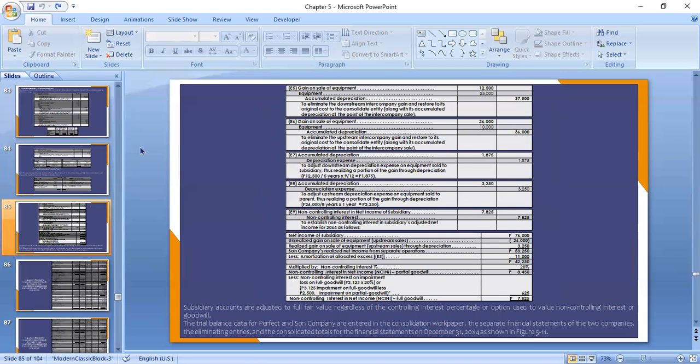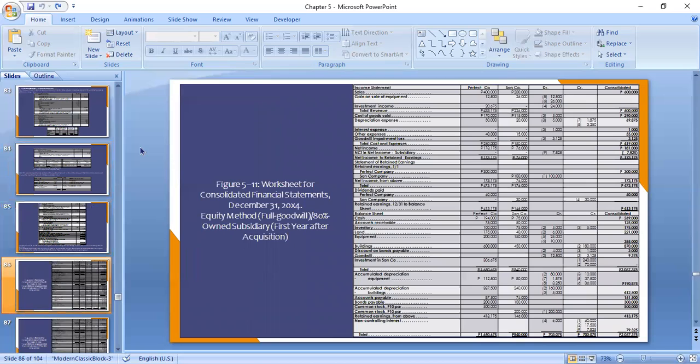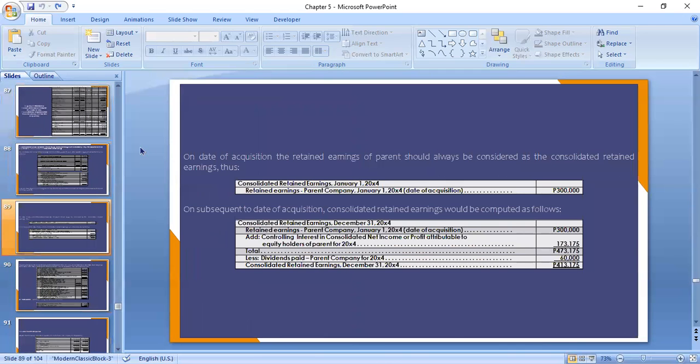And we have the closing entries and the working papers for consolidation. Here we have the retained earnings of parent, which should always be considered as the consolidated retained earnings.